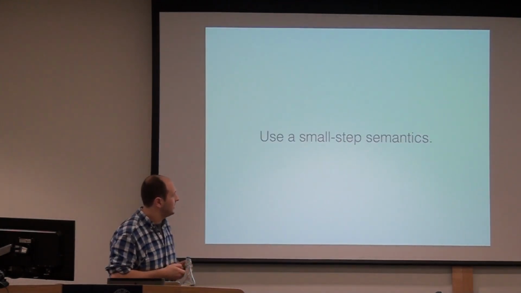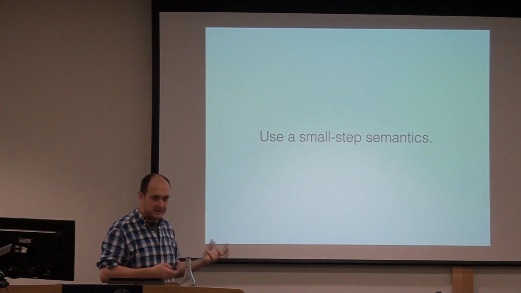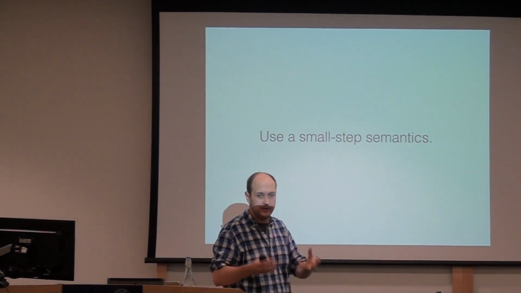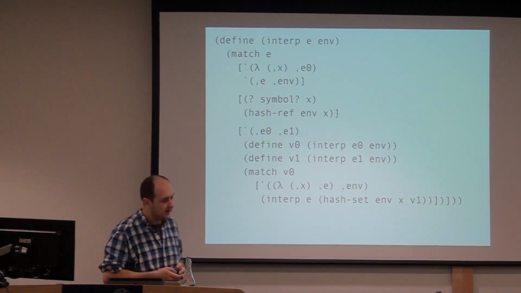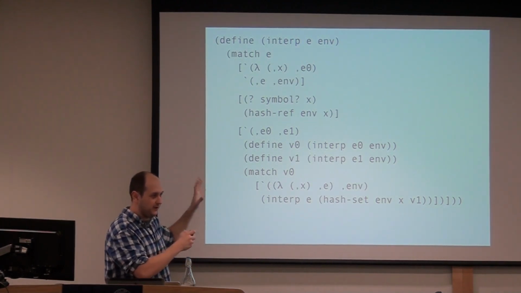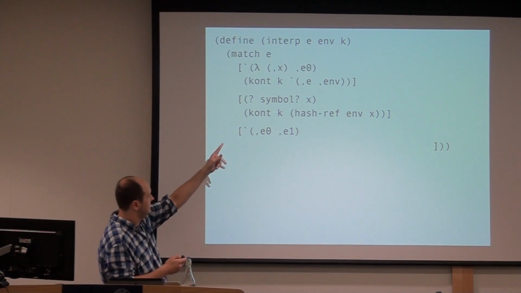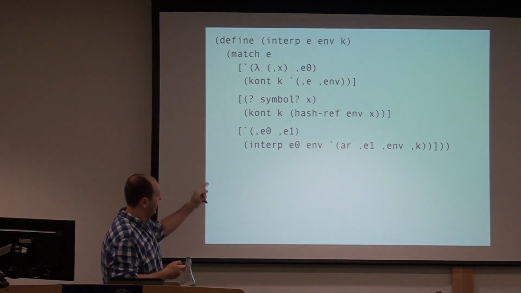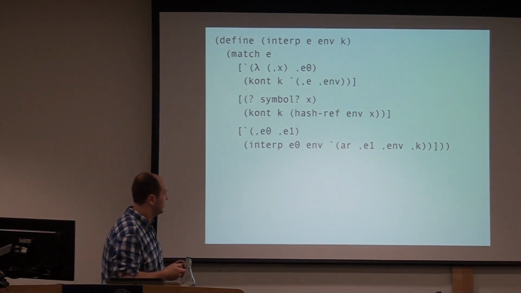The first step we might take is to use a small step semantics, which basically means turning our interpreter into a continuation passing style interpreter. I won't explain in detail how this works, but I'll refresh your memory if you've seen this before. We take a continuation, and instead of returning our values, we dispatch on a helper function which calls our continuation.